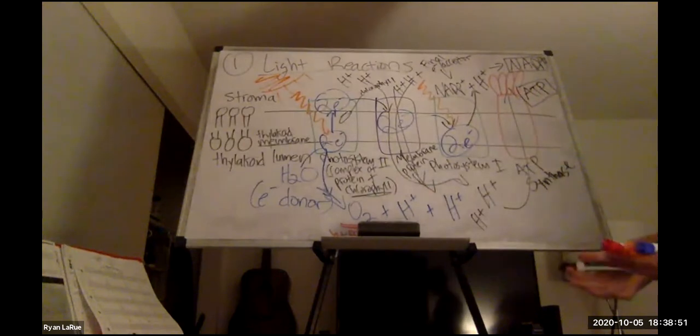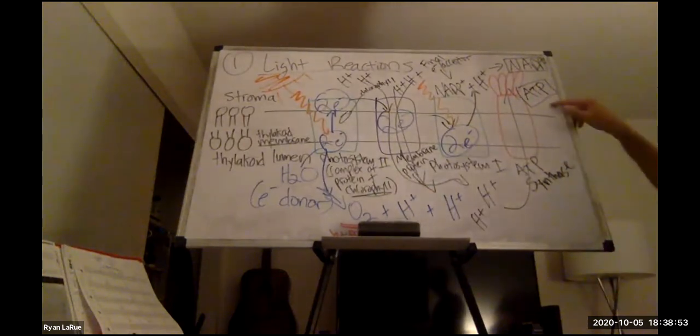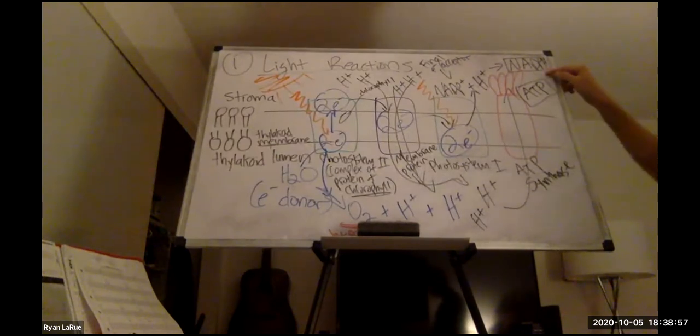So the first stage of photosynthesis actually generates ATP, as well as this NADPH molecule.